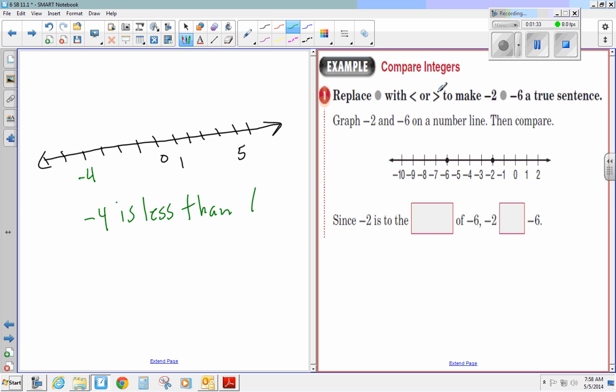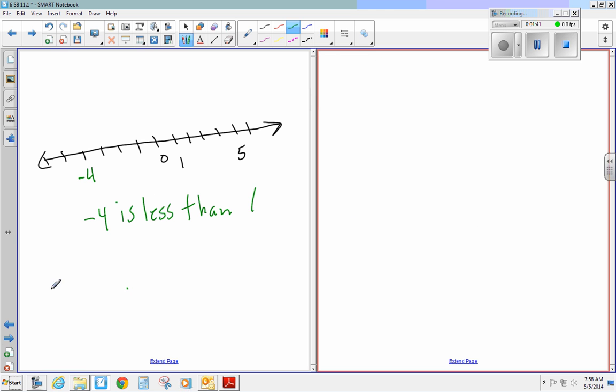All right, so let's look at this. Let's replace the dot with either a less than or greater than, and let's write those out again. In your notes, please, you say this symbol is less than, and this symbol is greater than.